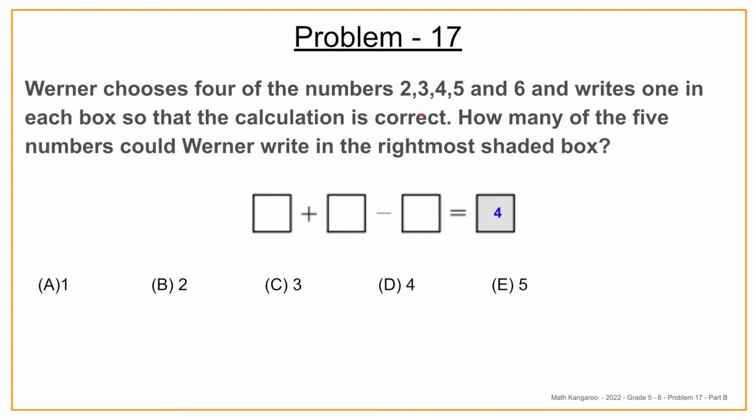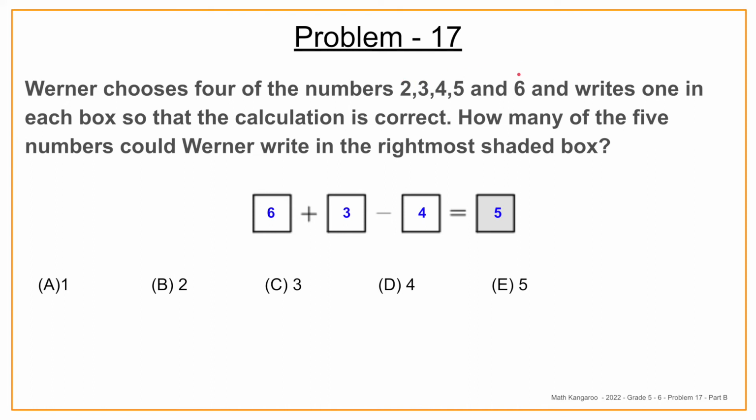Now let us try 4. Can we say 5 plus 2, 7, 7 minus 3 gives us 4. So 4 is also possible. Let us try 5. We say 6 plus 3 gives us 9, 9 minus 4 gives us 5. So this is also our option.